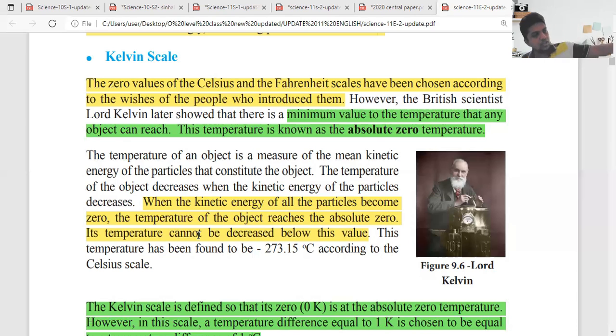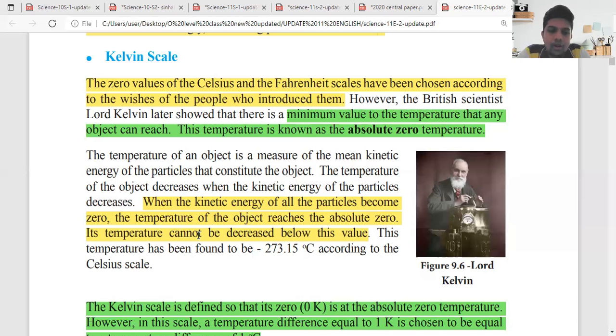At any point, if we observe zero kinetic energy in all the particles, it means the temperature is also zero. In that sense, Kelvin named that zero kinetic energy point as absolute zero, because when the kinetic energy becomes zero, the temperature is also zero. And it is the lowest value, it can't go lower than that.